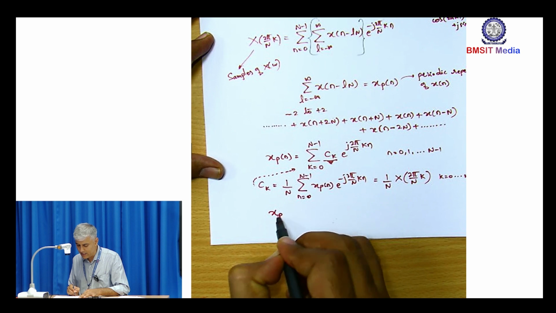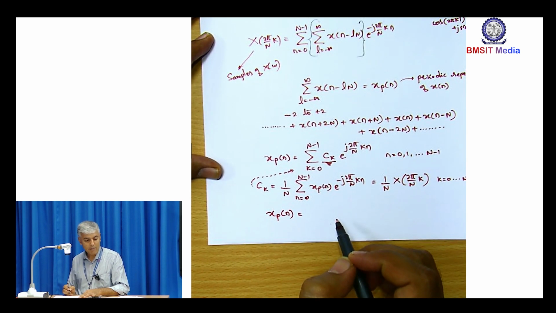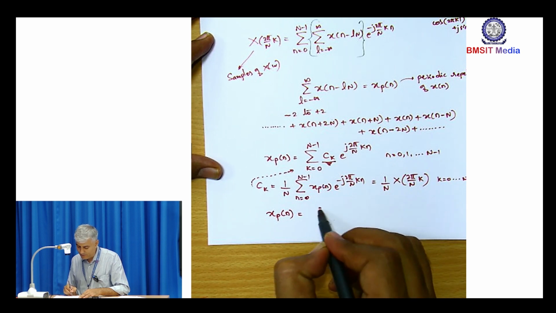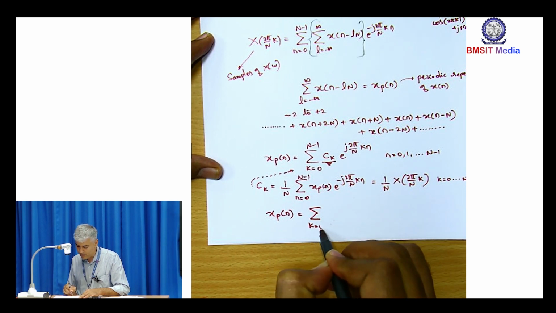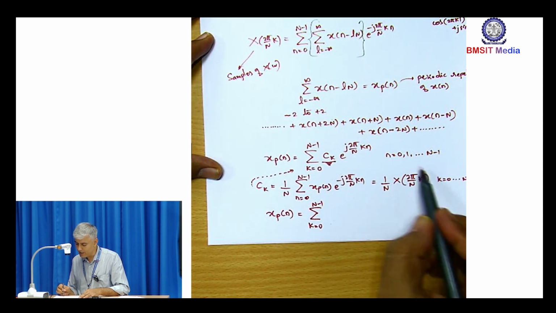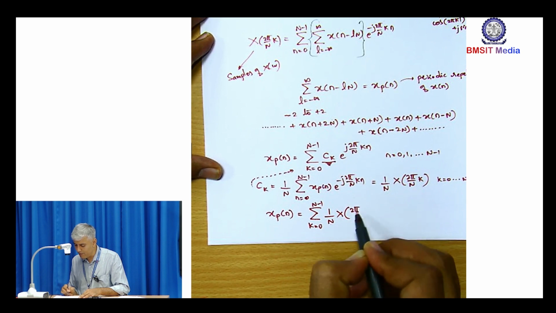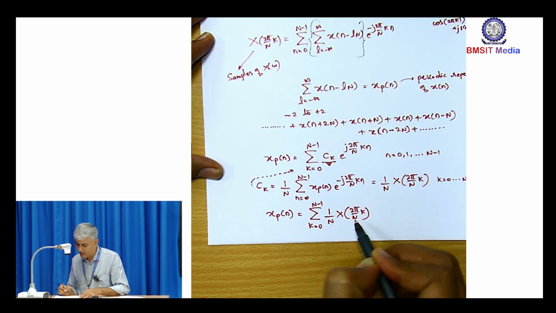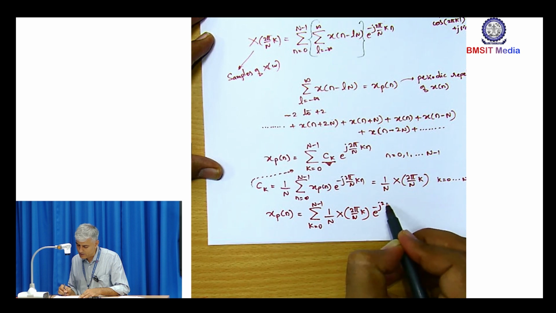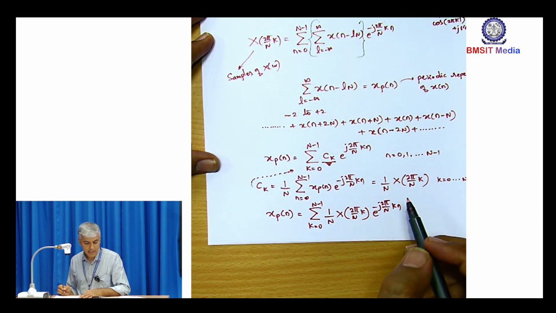So xp of n is equal to summation k equal to 0 to n minus 1 of 1 by n into x of 2 pi by n k, and the other part is as it is, that is e raised to j 2 pi by n kn. So this is the representation.